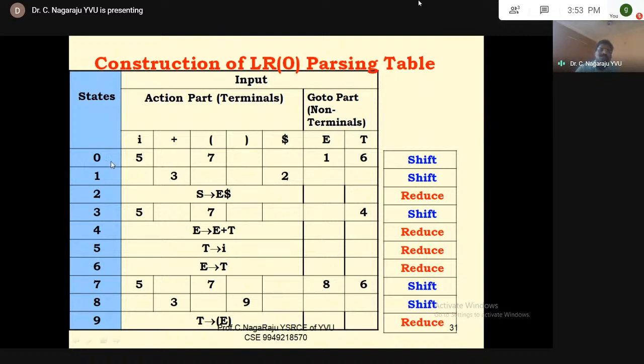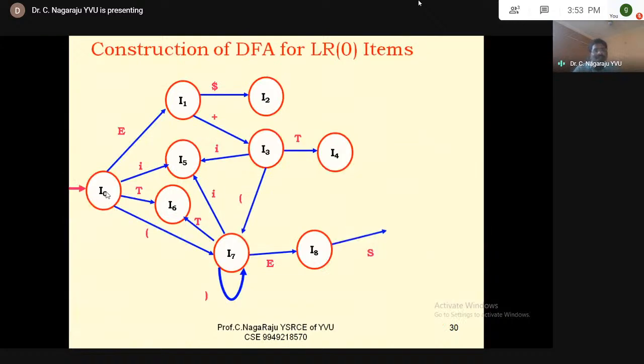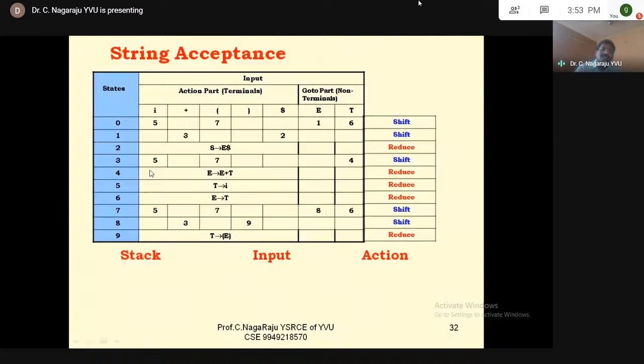But how are we constructing it? You see how we got this 5 at state 0. On input I, it moves from state 0 to state I5. So this 5 is written here itself. Suppose from 0, on input left brace, which state will it go to?